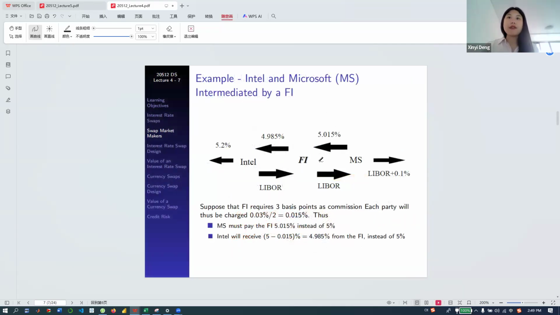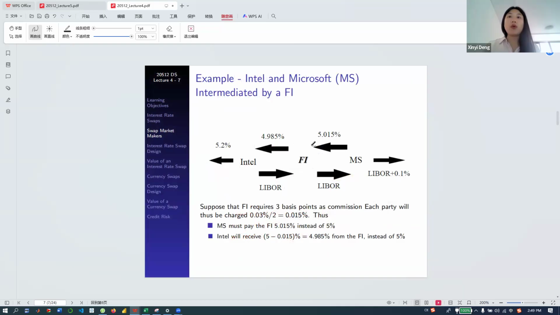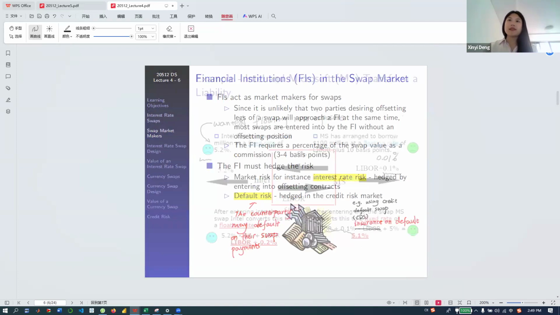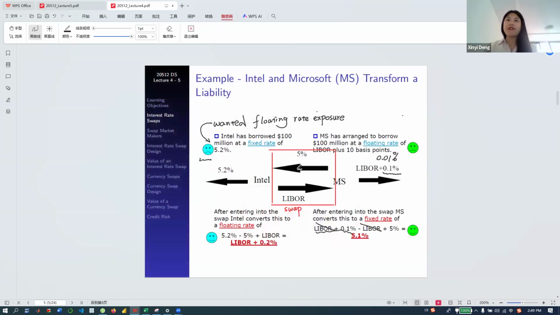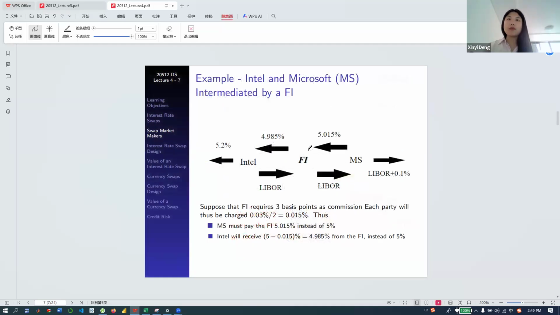Now we have the financial intermediary, the financial institution, standing in the middle of Intel and Microsoft's transaction. If you go back to the previous example, in the middle we have 5% and LIBOR. Now the financial institution is taking some percentage from that payment as a commission.